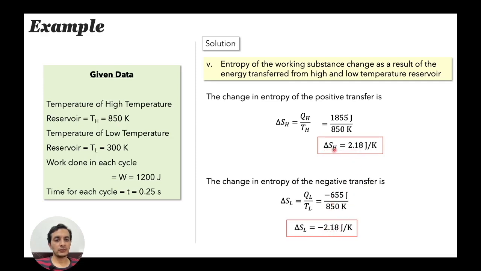The positive energy transfer, from the high temperature reservoir to the system, has increased the entropy by 2.18 joules per Kelvin, and when the heat is rejected to the low temperature reservoir, it has reduced the entropy by 2.18 joules per Kelvin. So the net change in entropy will be equal to 0 for one cycle of the Carnot engine.